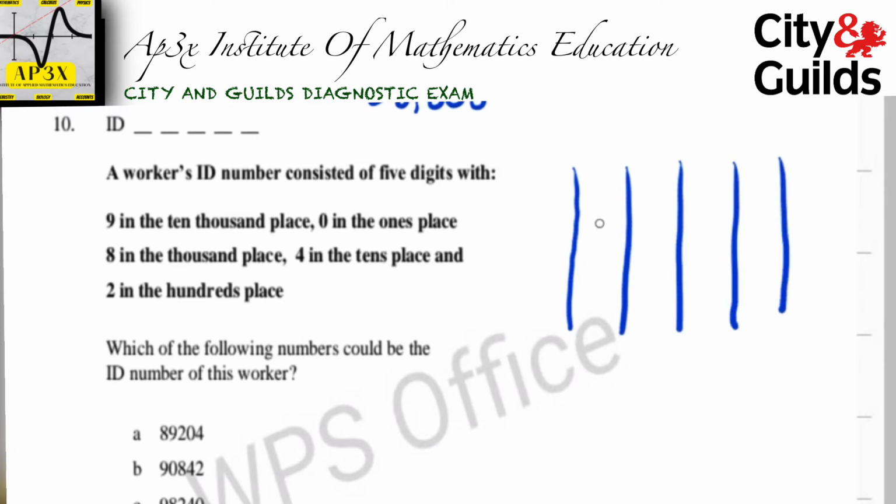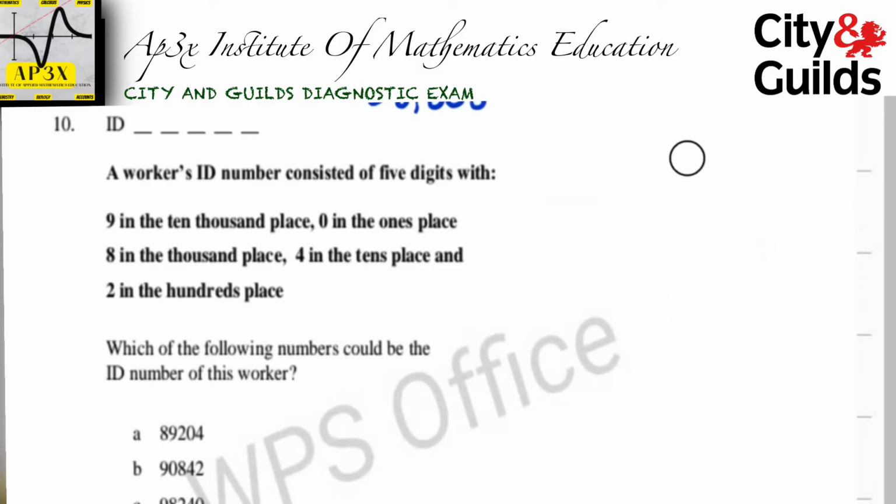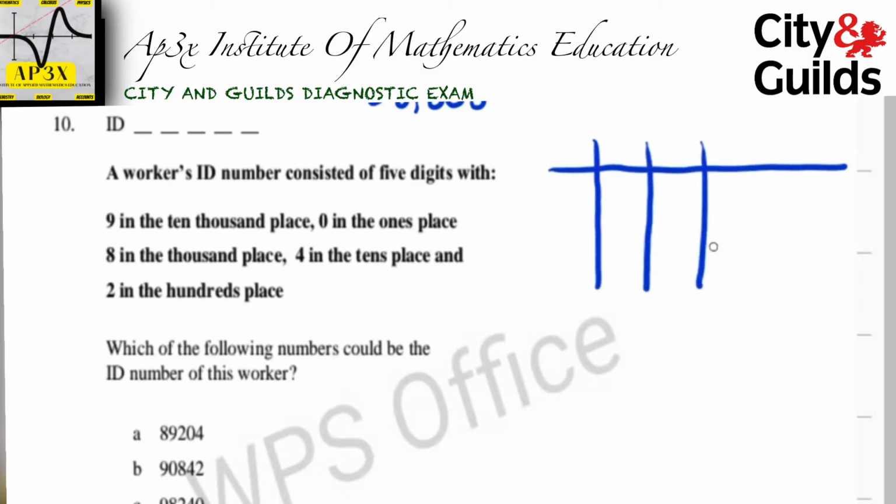We know that the last column is usually called your units, or ones, place. Let's draw up a table here, like you must remember from back in prep school.